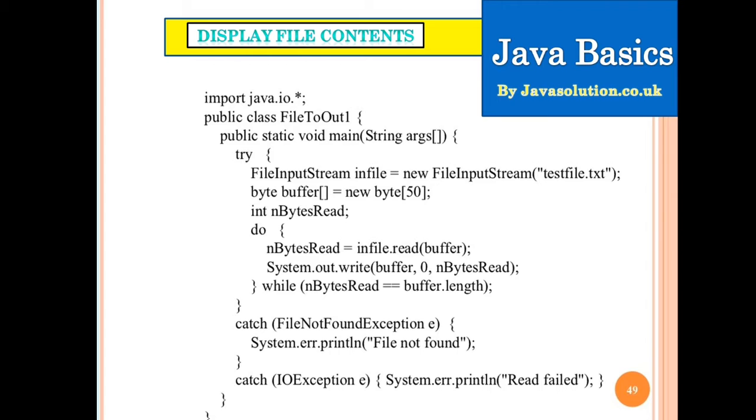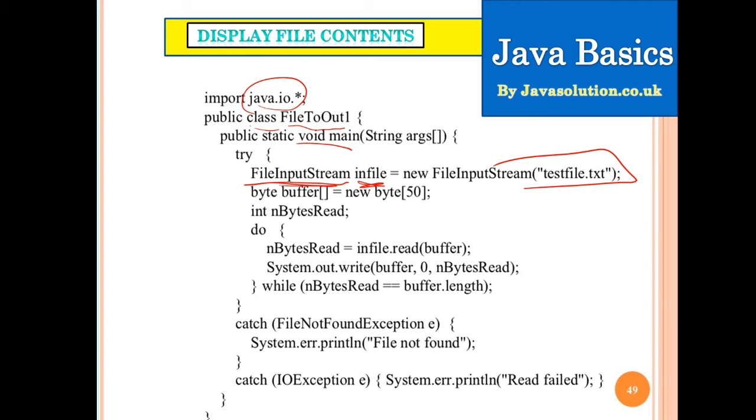Let's take an example. We want to get contents from a file and print them onto the console. We need to import the java.io package. I'm creating my own class for demo purposes, FileToOut1, and inside the main method I'm creating one FileInputStream, which I named inFile, associated with this text file.